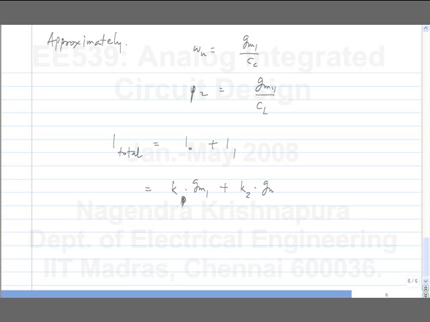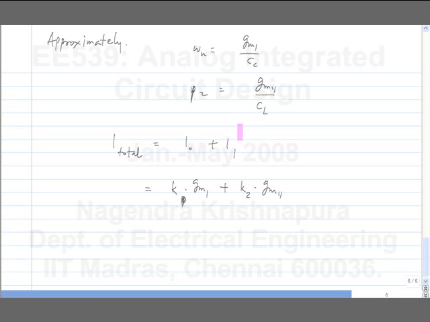K2, maybe the current density is different, so I have put a different constant there. So I have to reduce either of these. Which one will I reduce? We discussed it just now, we will look at it in a different way.